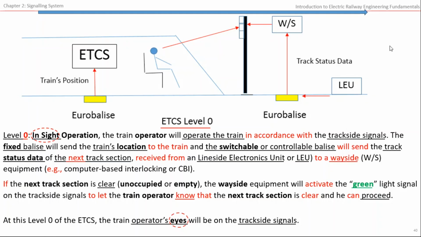For this level of the ETCS system, actually they don't mention the equipment that they use to determine the occupancy of the track. But in Thailand, for instance, for ETCS level 1, they use track circuits to determine whether or not the track is occupied or vacant.